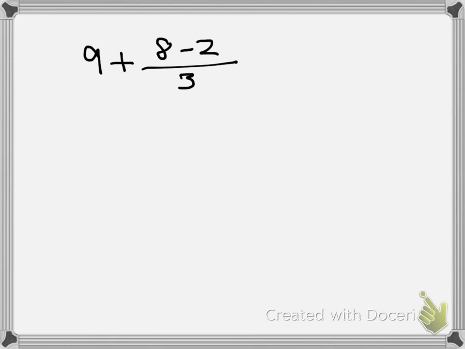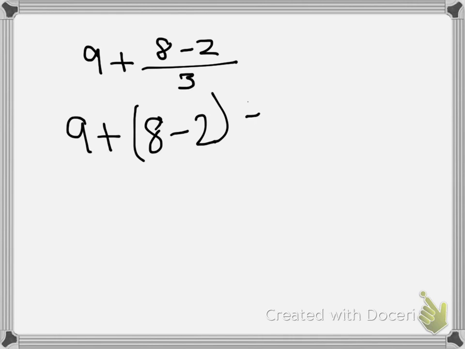So I am actually going to write it out as 9 plus, and since the whole 8 minus 2 is the numerator of the fraction, I'm going to put those in a parentheses because that numerator has to stay all together, and then divided by 3.